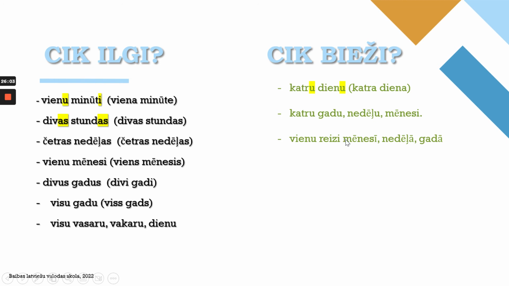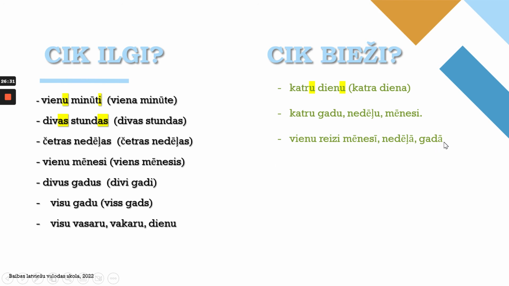Vienu reizi mēnesī, in the month, or during a month. And that part is in locative with the long vowels at the end, because it's during or in that period of time. Vienu reizi nedēļā. One time a week or once a week, nedēļā. This part is in accusative and this part goes to locative.